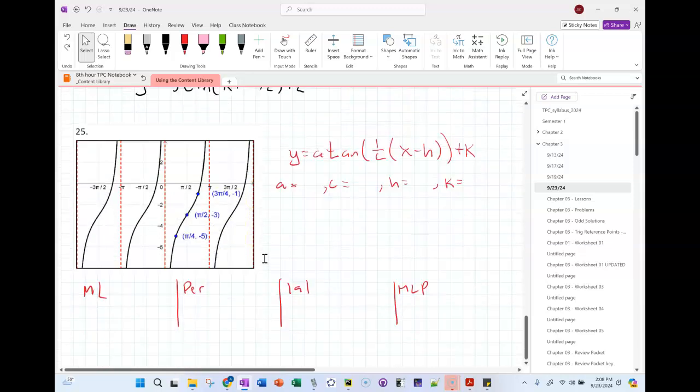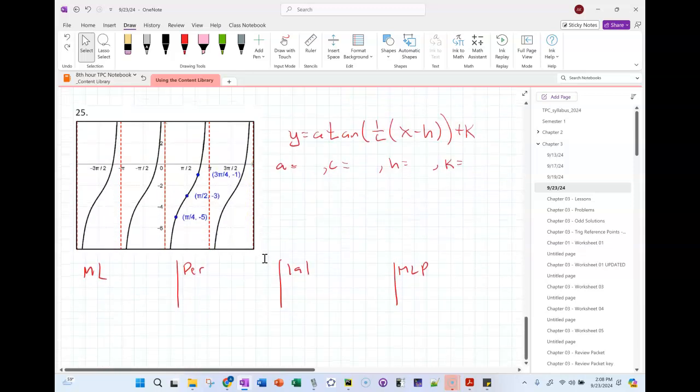So, for this one, pi over 2 is your midline point. So then h is pi over 2. Yes. Okay.